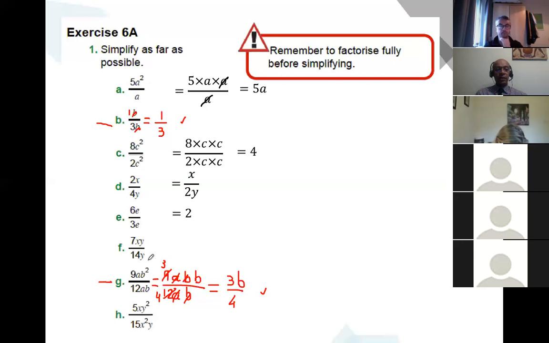I've got a y and a y that cancel each other, and an x. So half of x is just x divided by 2, but you can write it as half of x. They wouldn't penalise you if you wrote 1x, would they? Actually, if you write 1x like this, they expect you to know that 1x is just x. But if you write it as a half x like this, it's okay.